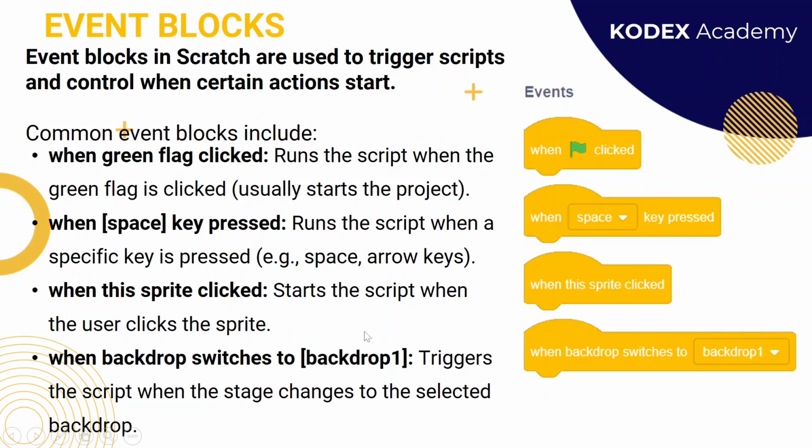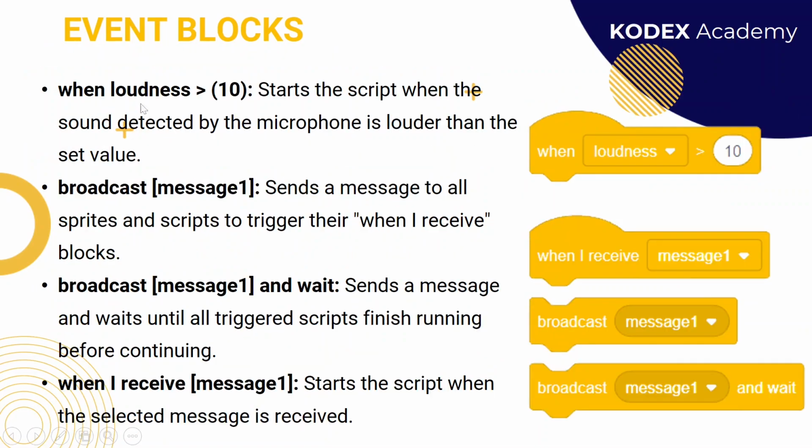Now we are discussing more event blocks. So here we are. Here it's mentioned when loudness is more than 10. When you want to start your script on the basis of sound sensitivity, meaning whenever you want to set the detection of sound with the help of a microphone, and the loudness is increased by 10, 20, and on the basis of that you set the value.